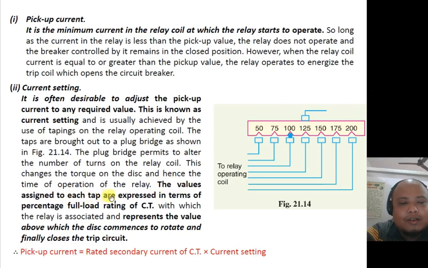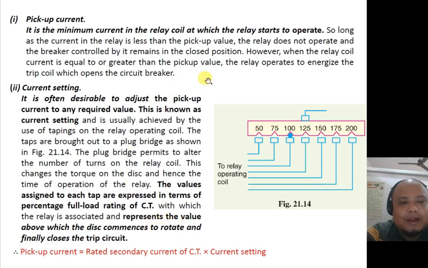The values assigned to each step are expressed as a percentage of the full load rating of the CT with which the relay is associated. It represents the value above which the disc commences to rotate and finally closes the trip circuit. So 50% current setting means 50% of the rated value of the CT.